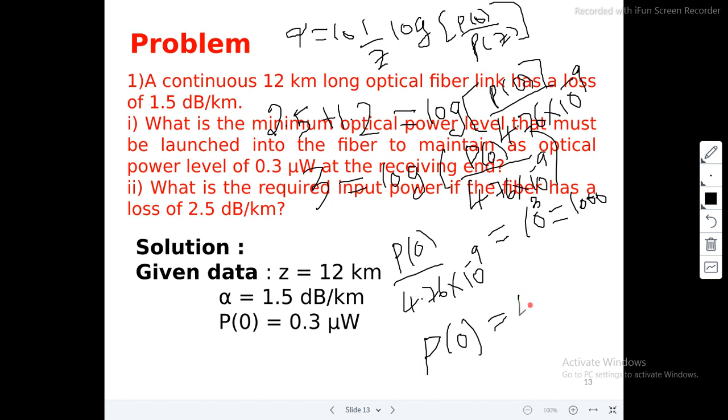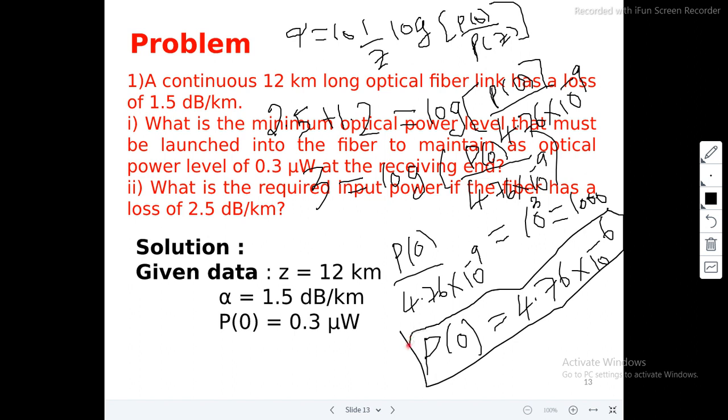Therefore the final answer is 4.76 into 10 to the power of minus 6. So the final answer will be like that. Now this is the final answer of the second statement in the first problem.